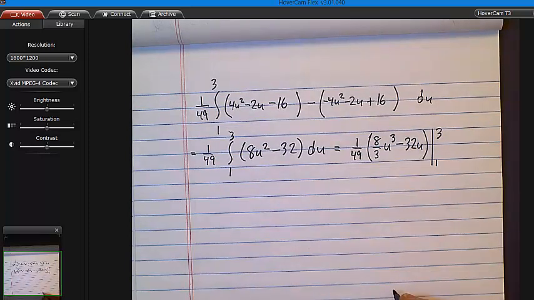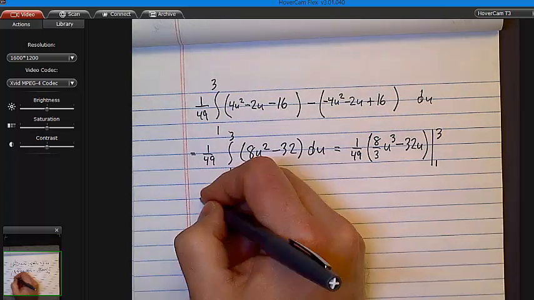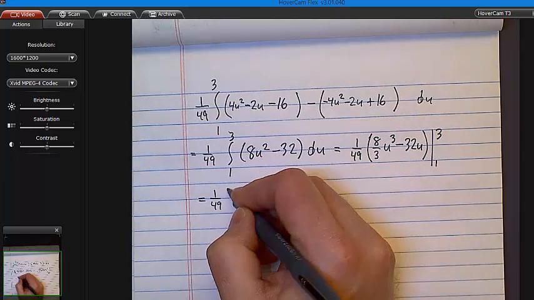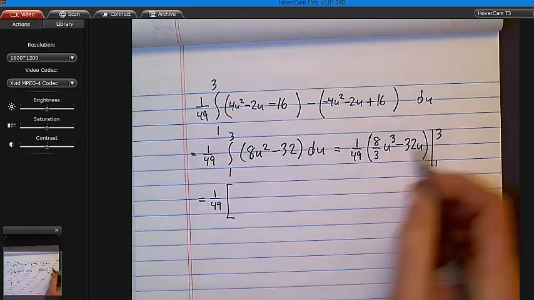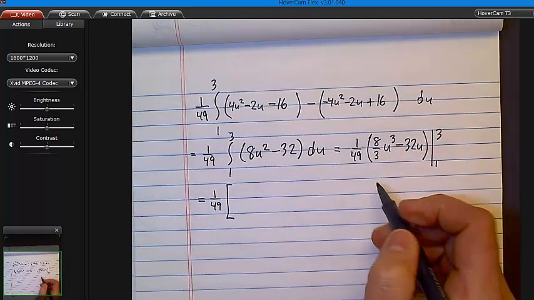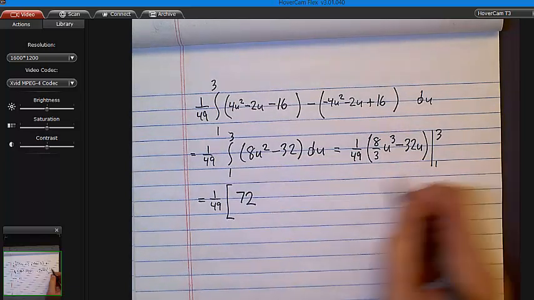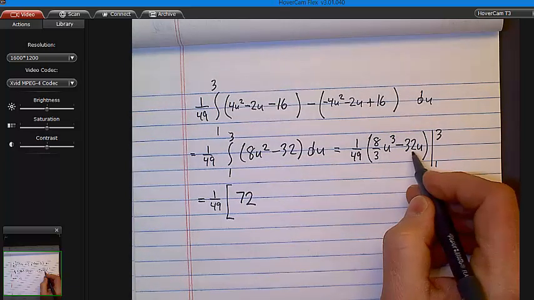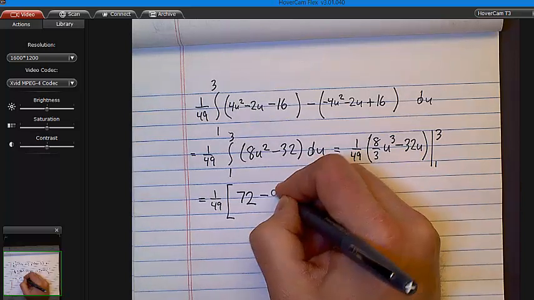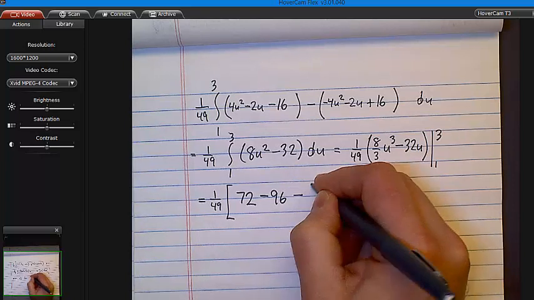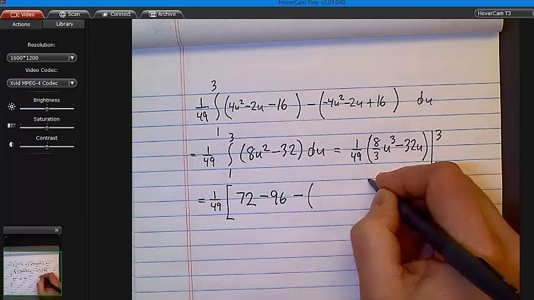So let's see, this is 1 over 49 of what? Well, when I plug in the 3, there's a canceling that happens there, so it's just 8 times 9, 72. When I plug in the 3 here, I'm subtracting 96. And now minus, oh, well, when I plug in the 1, that's easy.